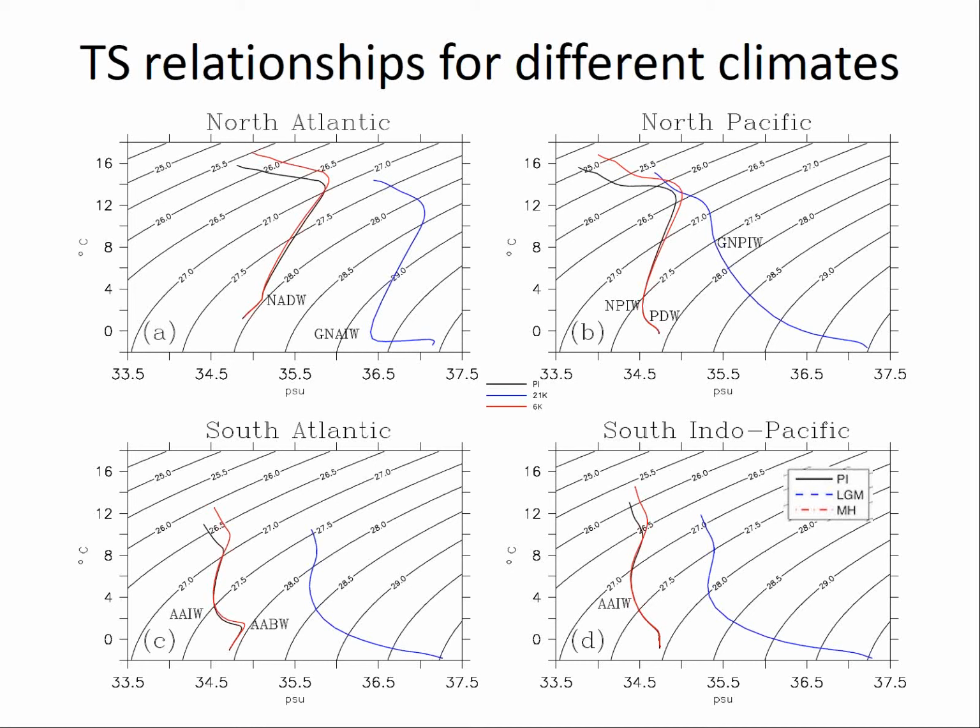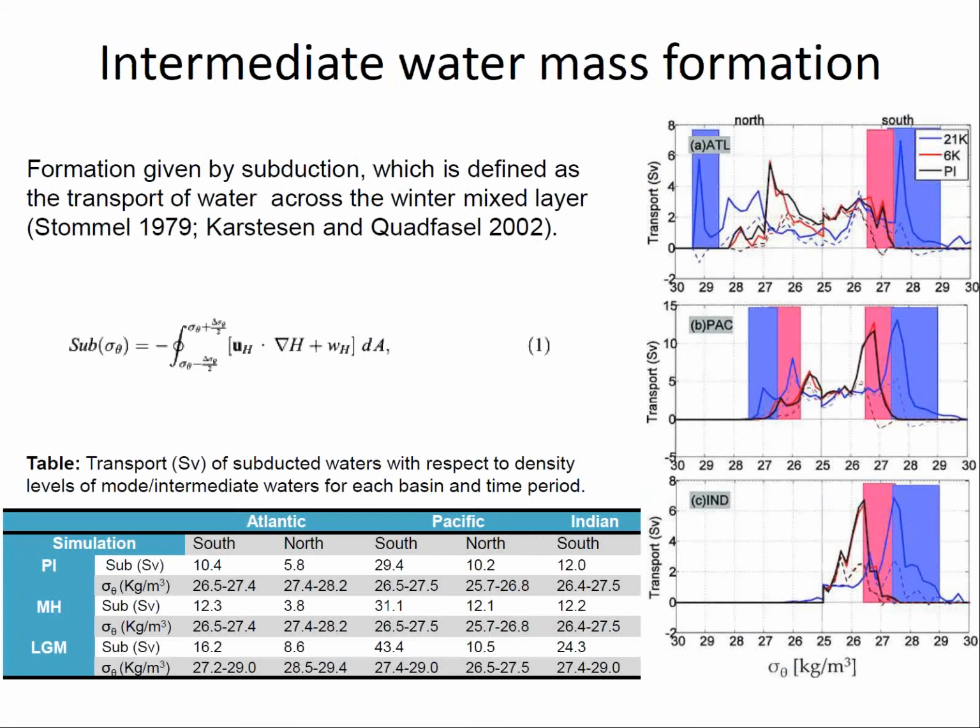So from this TS relationship, we get a range, for example, the salinity minimum, and then we estimate the densities in which they fill the ocean, and then estimate the water mass formation.